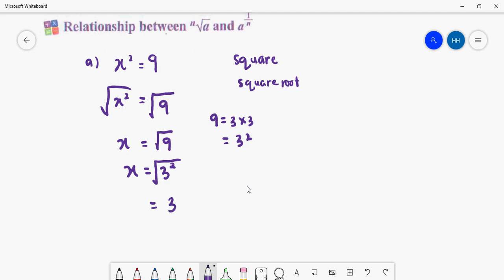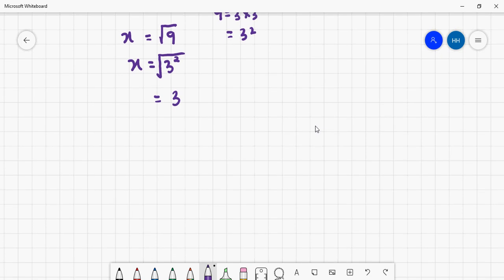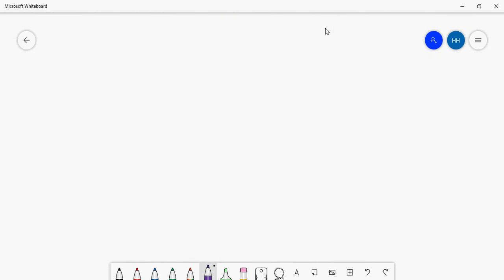Okay, another example. Example B. x cubed equals 64. Just now we used square root to eliminate square. For cube we can use cube root.